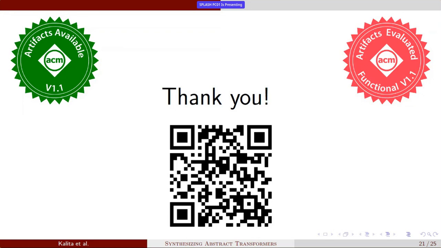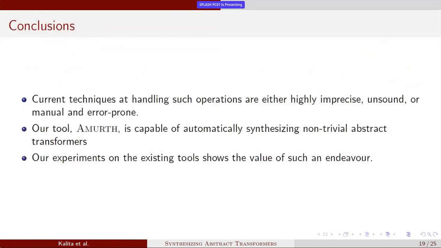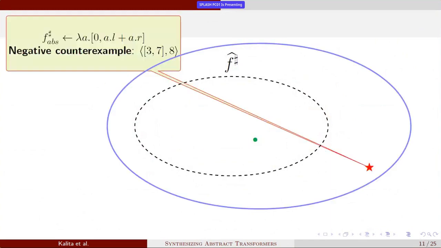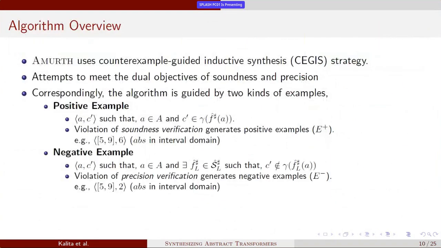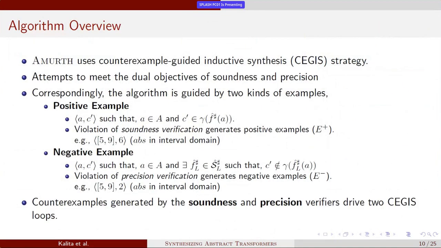Maybe related to that, could you switch to slide 10? Sure. When you talk about positive and negative examples, do you assume that your concrete domain is finite and the concretization function always gives you a finite result, because that's where you check the conclusion? Yeah.